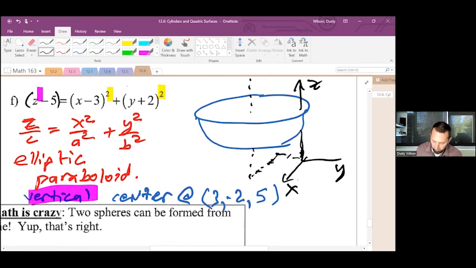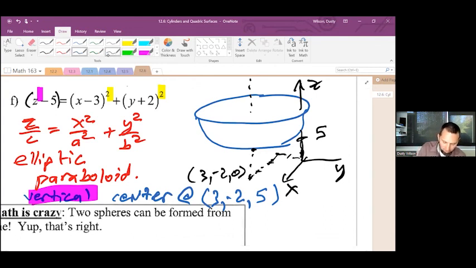Okay. And I know that the height where I'm hitting is going to be at 5. So this right here would be the point 3, -2, 0. And the tip, the bottom of it would be at 3, -2, 5. So there's my elliptic paraboloid, but centered at another point.